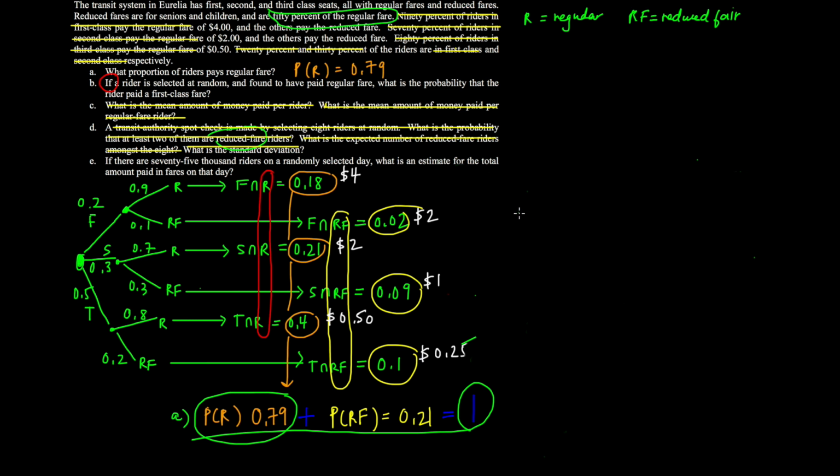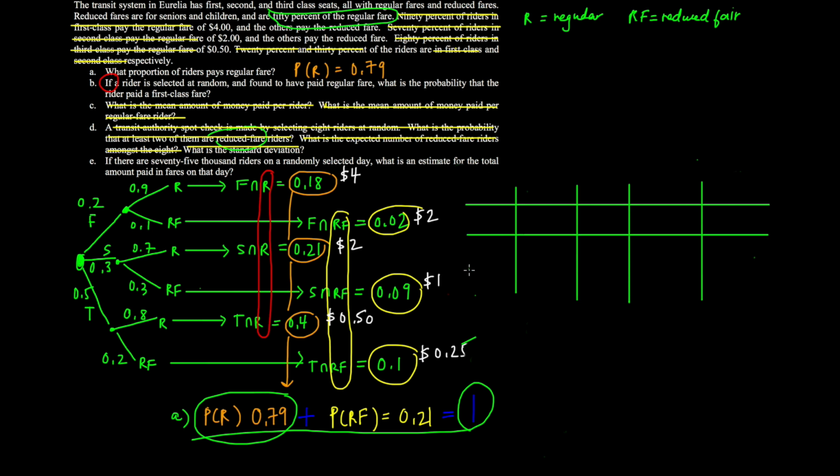All right, so we know that for the table, we would have first, second, and third class. We have our totals at the margins. And then here we would have regular fare and reduced fare. And once again, our totals at the margins, right?